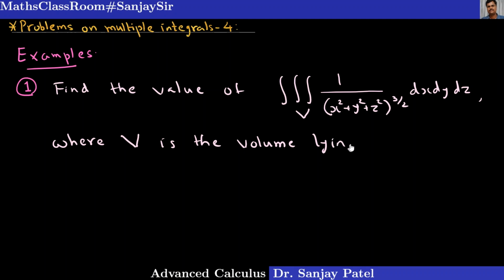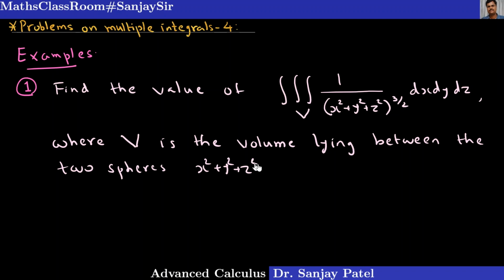the two spheres x square plus y square plus z square is equal to a square, and x square plus y square plus z square is equal to b square, where a is less than or equal to b.